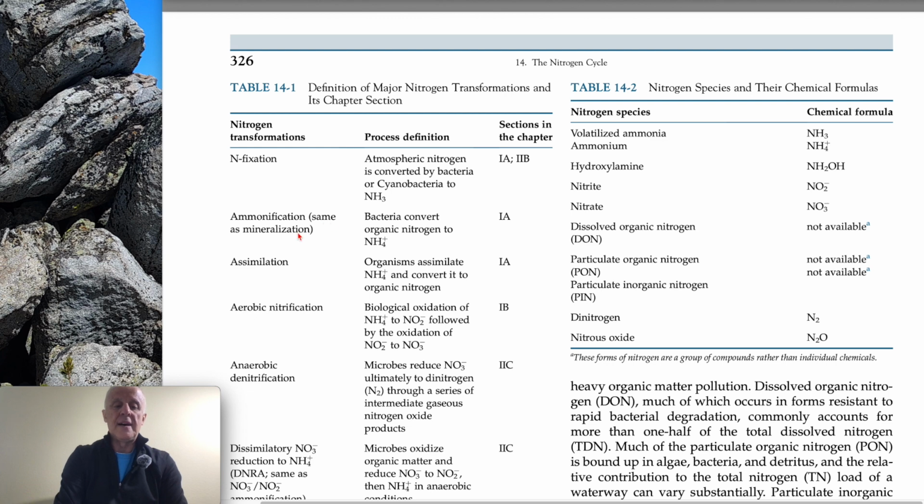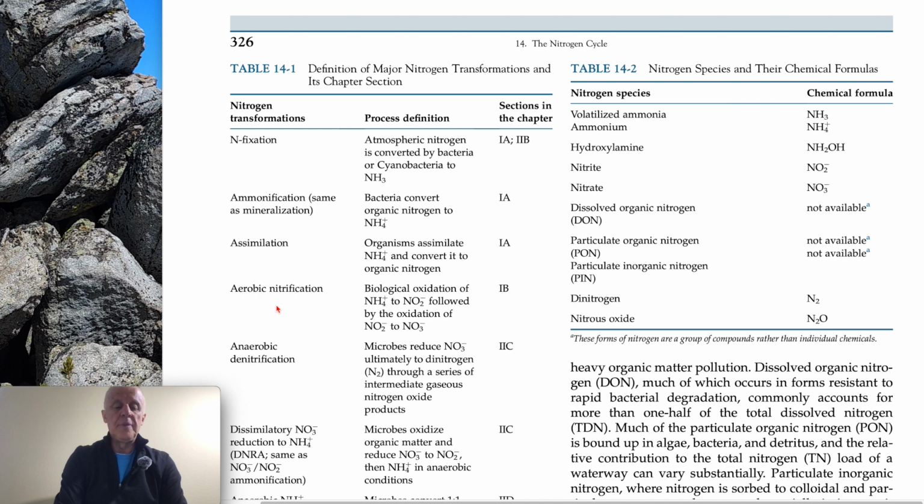Ammonification, same as mineralization. So bacteria convert organic nitrogen to ammonium. Assimilation, organisms assimilate ammonium and convert it to organic nitrogen. Aerobic nitrification, biological oxidation of ammonium to nitrite, followed by the oxidation of nitrite to nitrate.